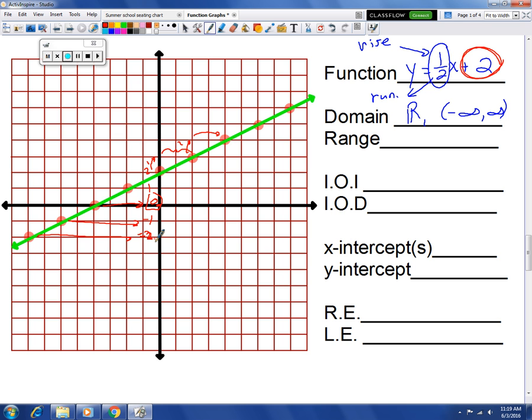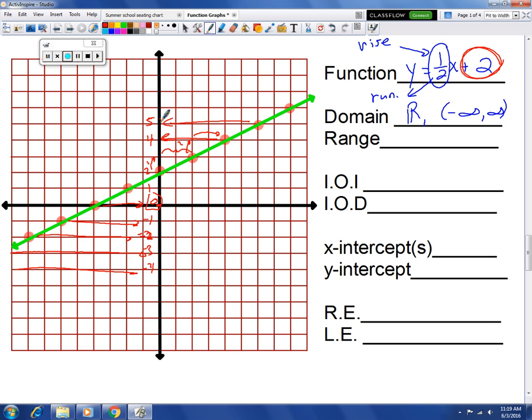No. You've got to use your imagination. As this line goes left, it goes lower and lower. We can keep going. There's going to be some place over there where you can answer negative 3 or negative 4, and so on. Same thing this way. Our y values are answers. At this point our answer is 4. At this point, our answer is 5.